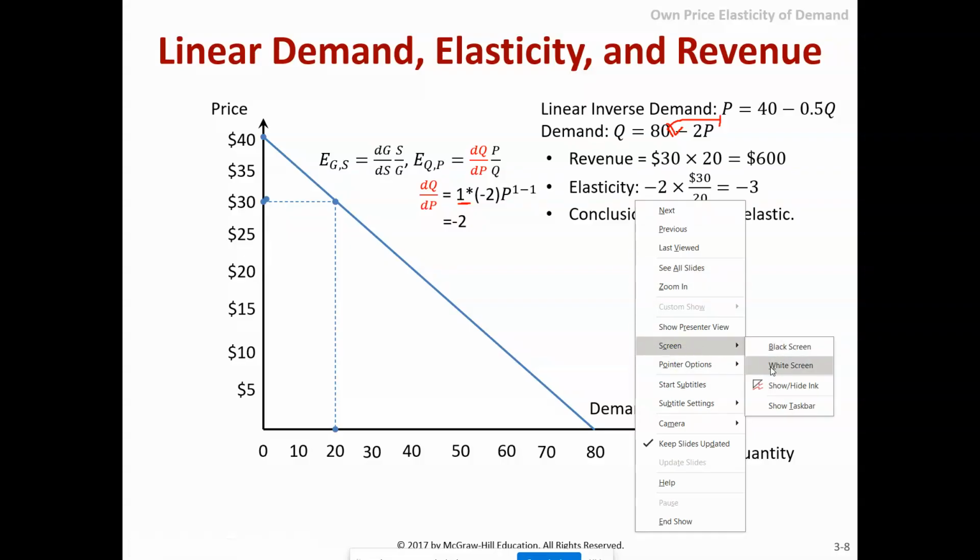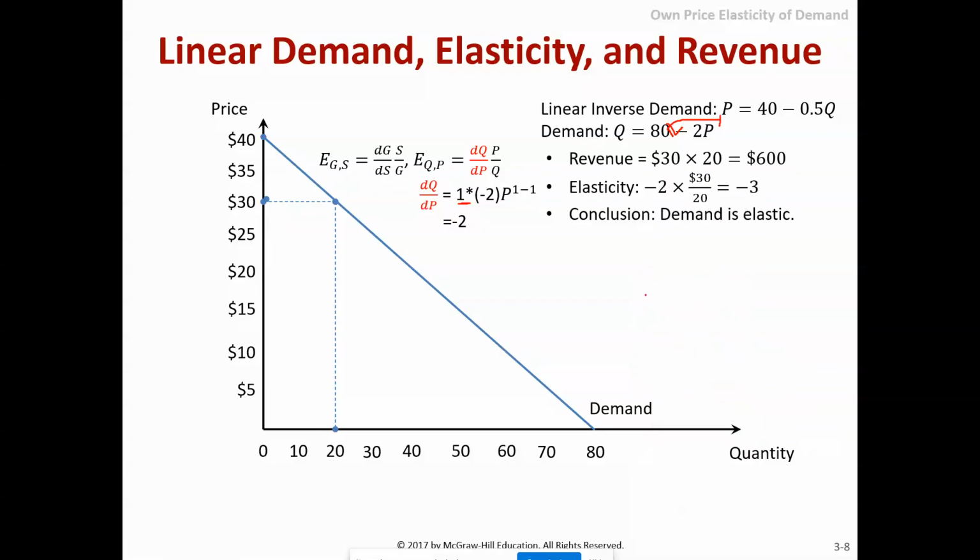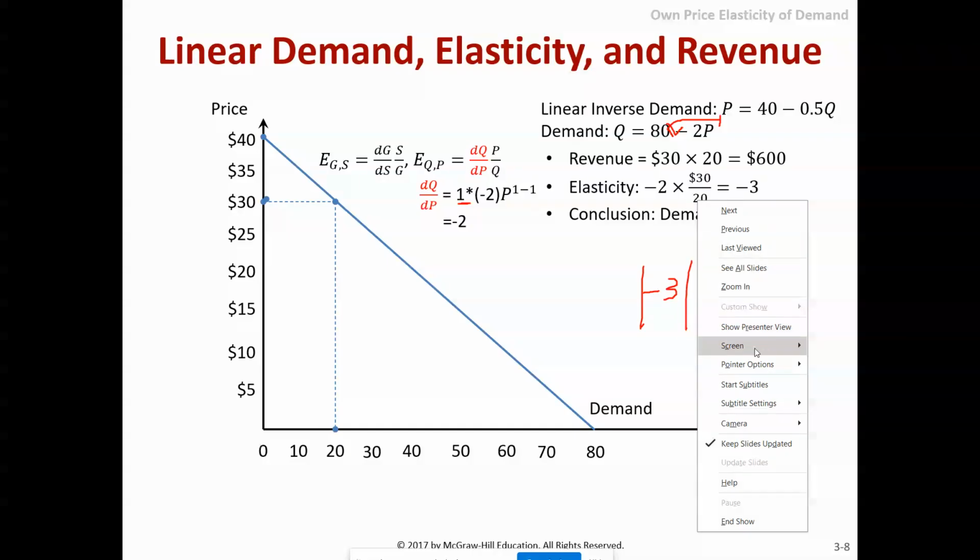And the absolute value is larger than 1, which means that for a certain percentage increase in price, like 1%, the quantity demanded decreases by 3%. So it's larger than 1, so it's elastic. Quantity is very responsive to the price change.